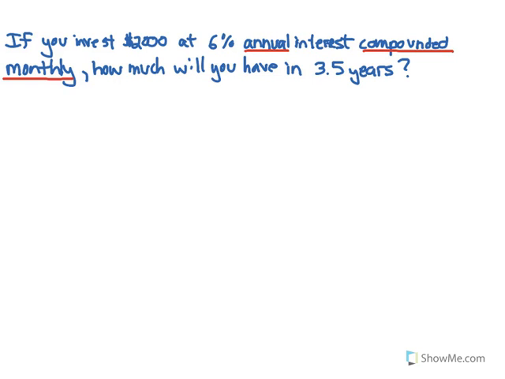But again, we've got this annual and monthly, so it's hard to sort of determine what time periods we're using. But if we follow our general formula, we have, I'll call it A, or your final amount, equals P into 1 plus R over N to the NT.